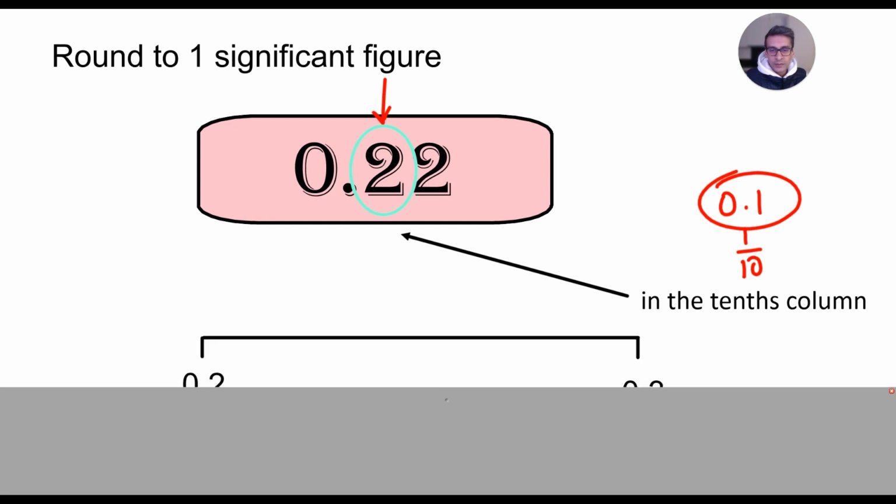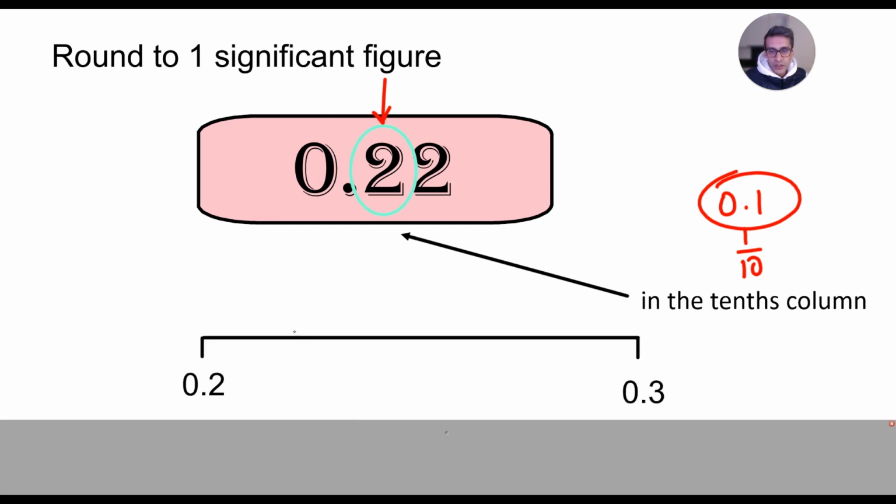So on a number line, you can see 0.22 is closer to 0.2 rather than 0.3. Imagine the 0.1 times tables, 0.1, 0.2, 0.3, etc. On a number line, 0.22 is closer to 0.2. So this would give you 0.2, and that's your answer.